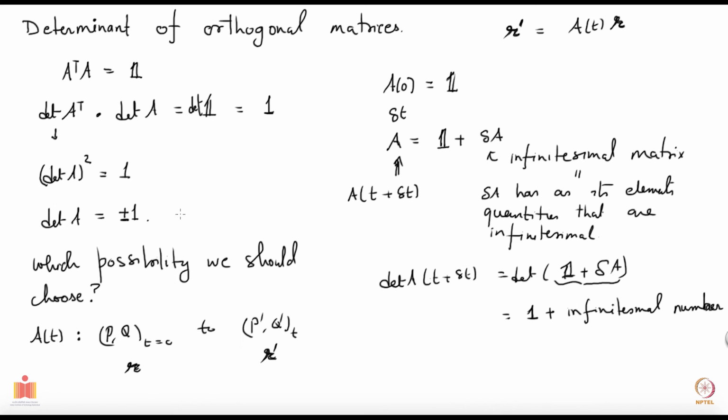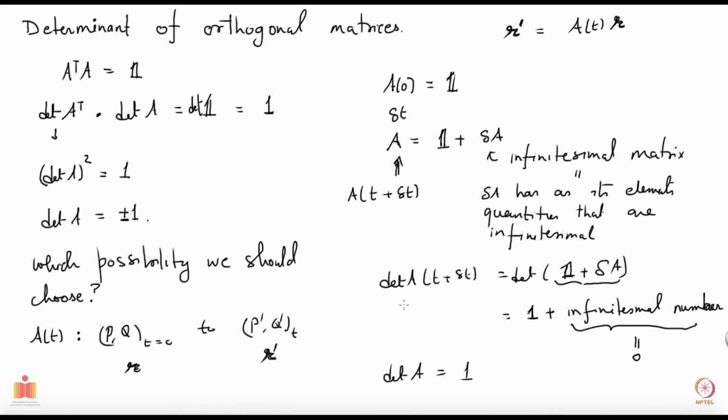That's not allowed. So the only way this will be consistent is if this is 0, meaning the determinant never changes away from 1. It always remains 1. But if you say it can change a little bit, then you are in trouble, because your determinant of A can be either +1 or -1.